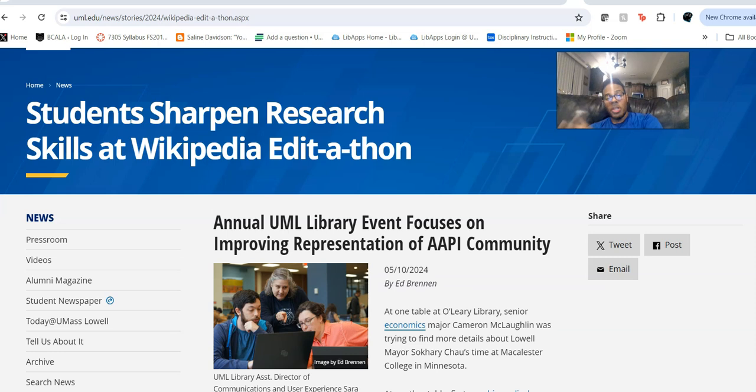However, there are two issues with Wikipedia that make it an unreliable source, at least for academic work. Let's talk about what those two issues are. Those two issues are authority and stability. These are the things that make Wikipedia not a useful source, particularly for academic research and that sort of thing.